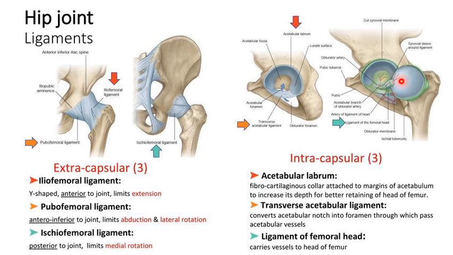And the ligament of the femoral head, or the ligamentum capitis, carries the blood vessels to the head of the femur. So these are the 6 ligaments, of which 3 are extracapsular and 3 are intracapsular. So now let us see them in detail.